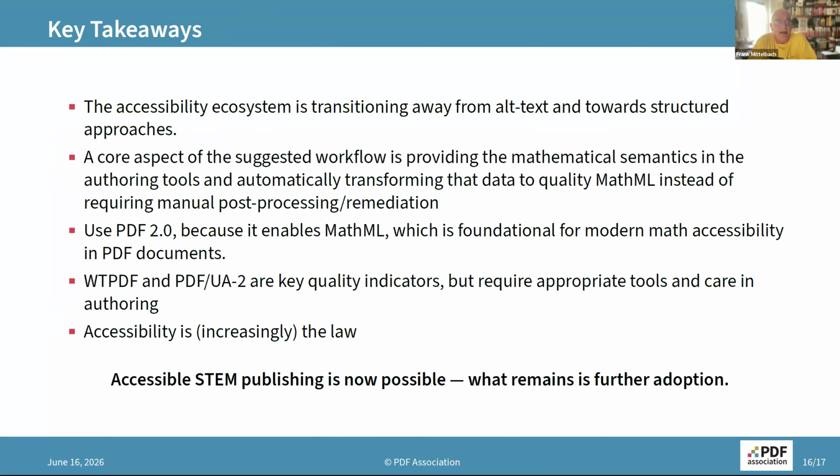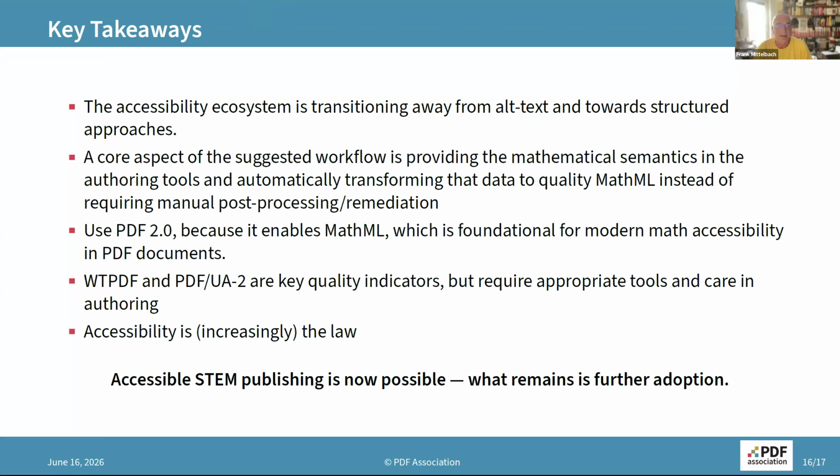So key takeaways. We are seeing, and we have the need, to transition away from alt text towards structured approaches. With STEM documents, alt text is basically unusable, either because it doesn't scale.